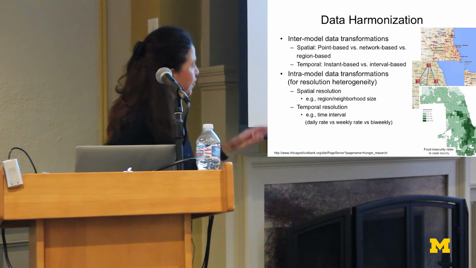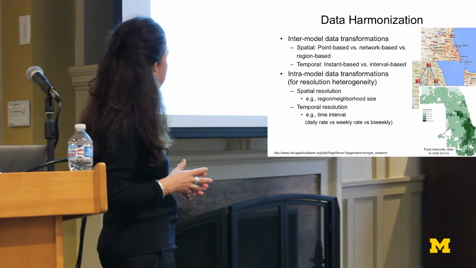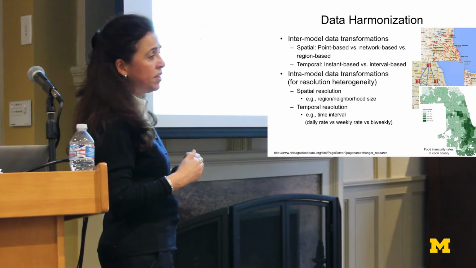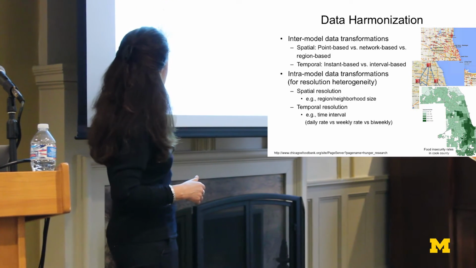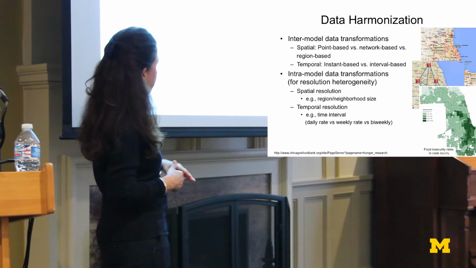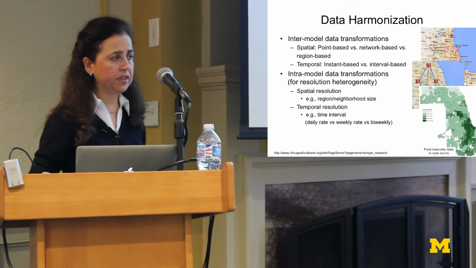So these are different models, so there's spatial and temporal heterogeneity. Even within the same model, we have the same kind of resolution heterogeneity that we have to bridge in order to be able to answer our queries.